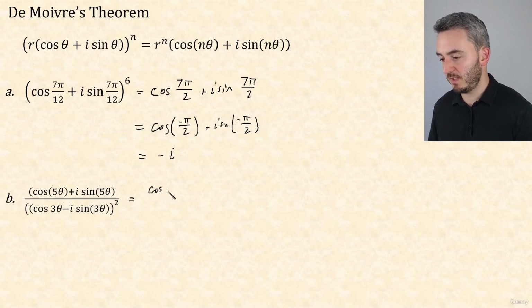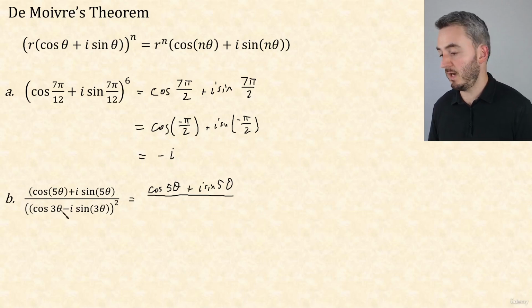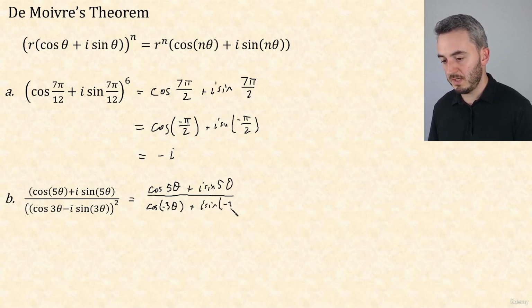So the top's fine, that's cos 5 theta plus i sine 5 theta. That denominator, that negative there, tells us that really we change that to a plus and make the argument minus 3 theta. So that's cos minus 3 theta plus i sine minus 3 theta.